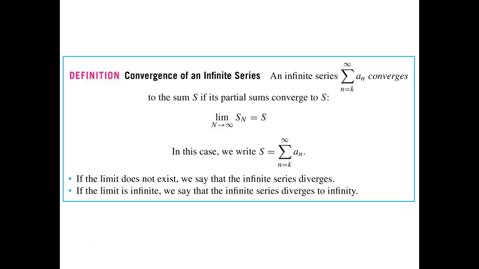That converges to the sum s if the partial sums, which now forms a sequence, remember, the limit as n goes to infinity of s of 1, s of 2, s of 3, s of 4, which are the partial sums from a sub k plus a sub k plus 1 plus a sub k plus 2 plus and so on. So you have partial sums in a series, and that forms a sequence. If that sequence converges to some number, s, then we say the infinite series converges.